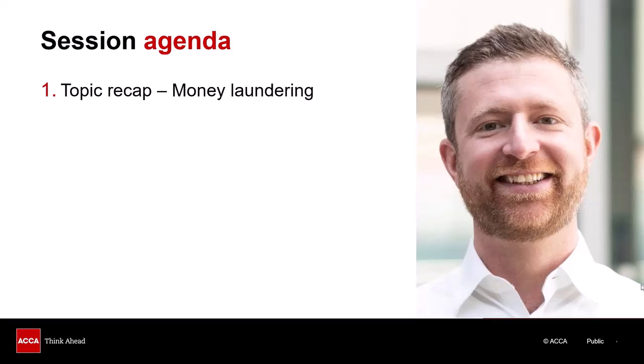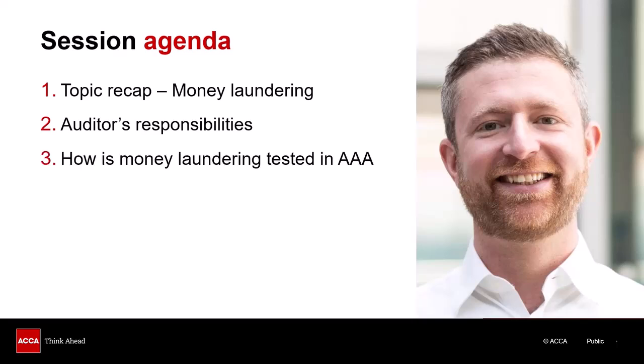We'll start this topic explainer with a bit of a recap about money laundering. What's the factual knowledge you need about what money laundering is and how it works? And then more factual knowledge. We're going to focus on the auditor's responsibilities around money laundering because this is something that is commonly tested. Then, leading on to testing, how does money laundering come up in the AAA exam?